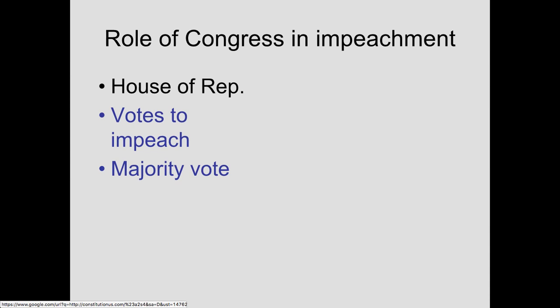Now, if the House votes to impeach President Grody, then it goes to trial. Remember, to be impeached just means I've been charged with an impeachable offense. That trial is held in the Senate, according to the Constitution, and the Senate conducts the trial and serves as a jury.